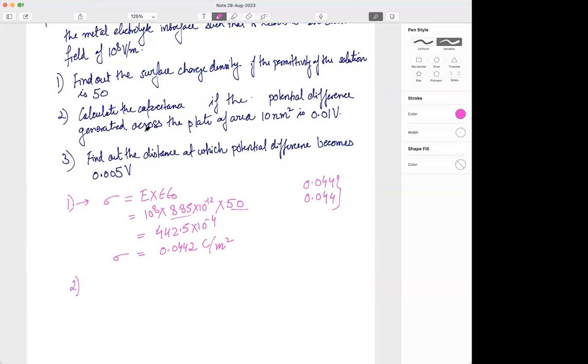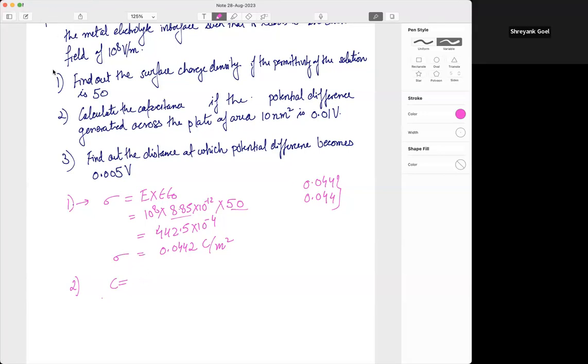Sir, 8.85 into 10 to the power minus 12 coulomb. So let's try.